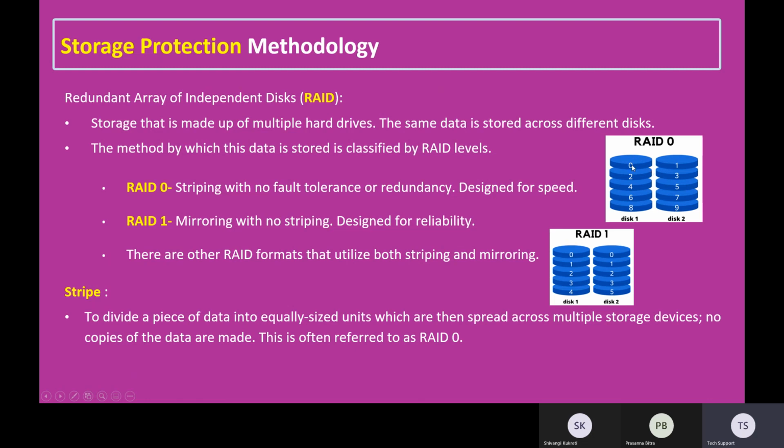But the data is not copied in sequence. 5 hard disks hold 50% of the data, and the other 5 hold the other 50%. Let's say my data is the numbers 0 to 9, all the data I want to copy. 0 is copied on one disk, 1 is copied here, 2 is copied here. Let's say these 5 disks are one set, and these 5 disks are another set. If one set is down, 50% of the data is still available.